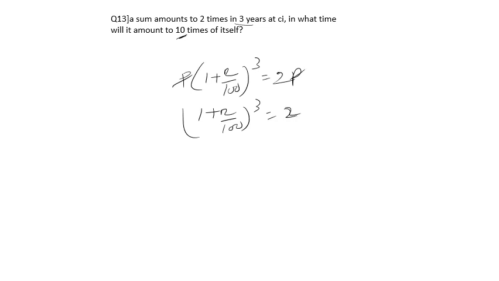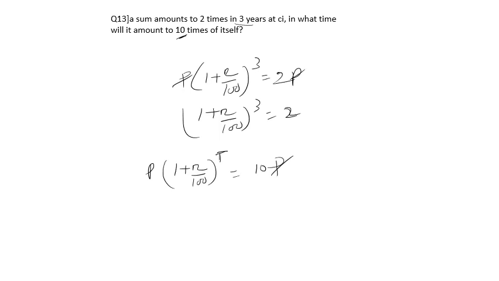Now it is asking in what time it amounts to 10 times of itself. Let's say time is t years because time is not known. Principal becomes 10 times of itself in, let's say, t years.